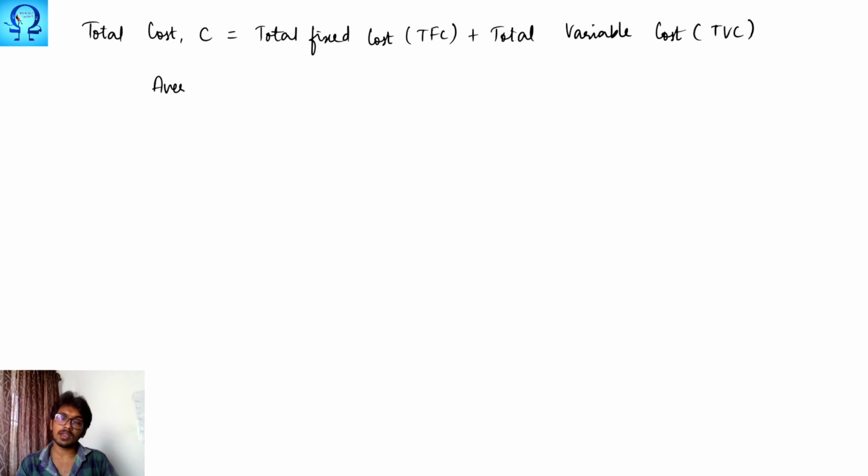And average cost is total cost upon number of units.